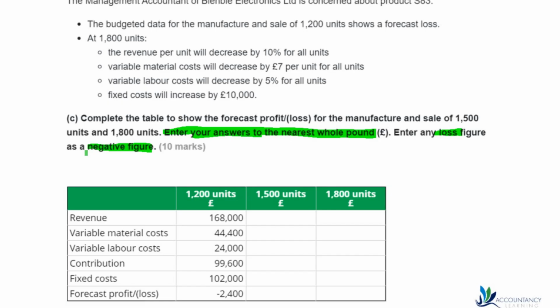So first of all then, we can deal with the 1,500 units. So the 1,500 units is going to be about the flexing of the budget.